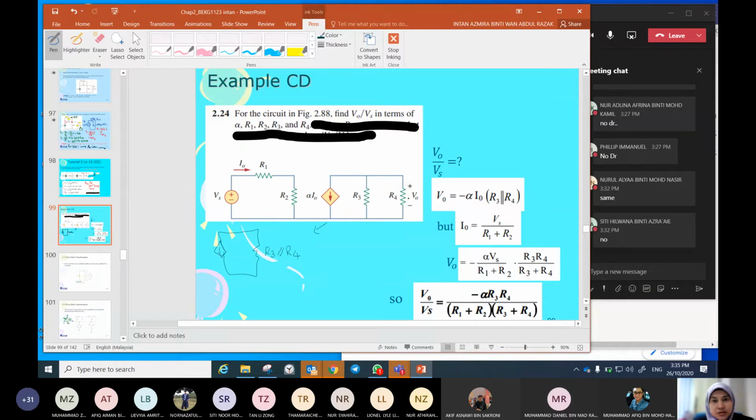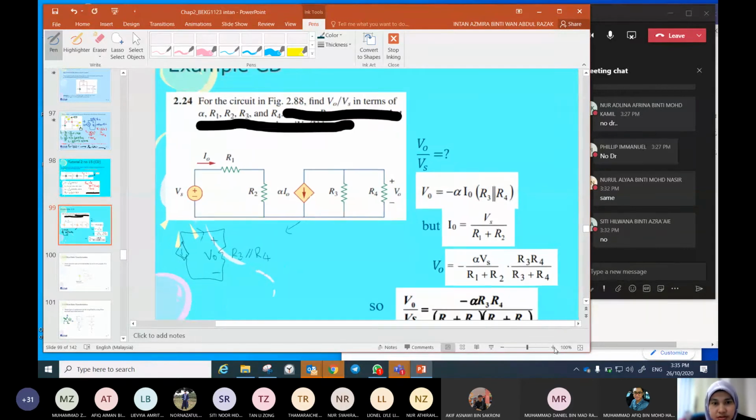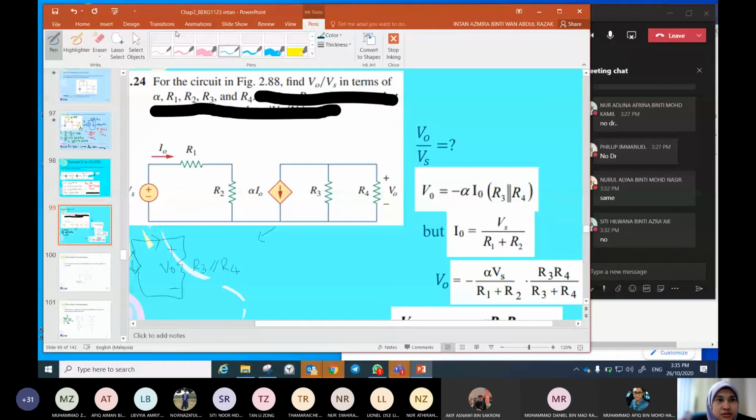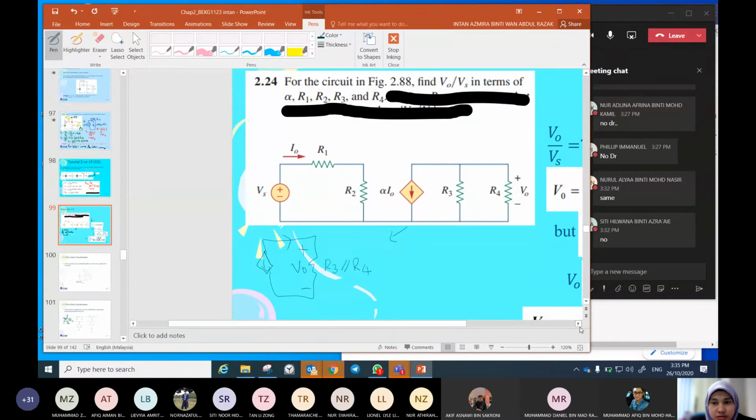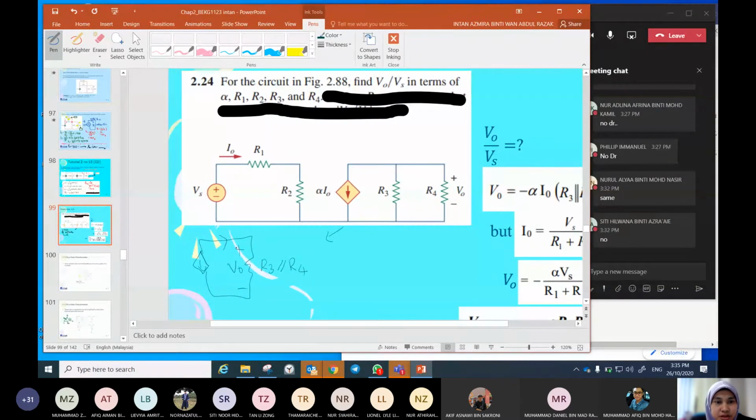Okay, the V naught must be like this. So current flows through V naught must be like this. Can understand? Current flows through V naught must be like this because the voltage drop across V naught is positive and then negative, so current must flow like this.